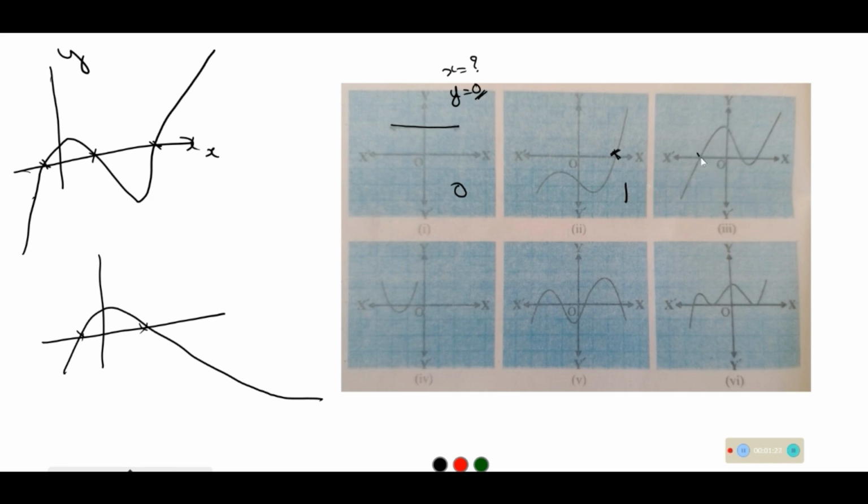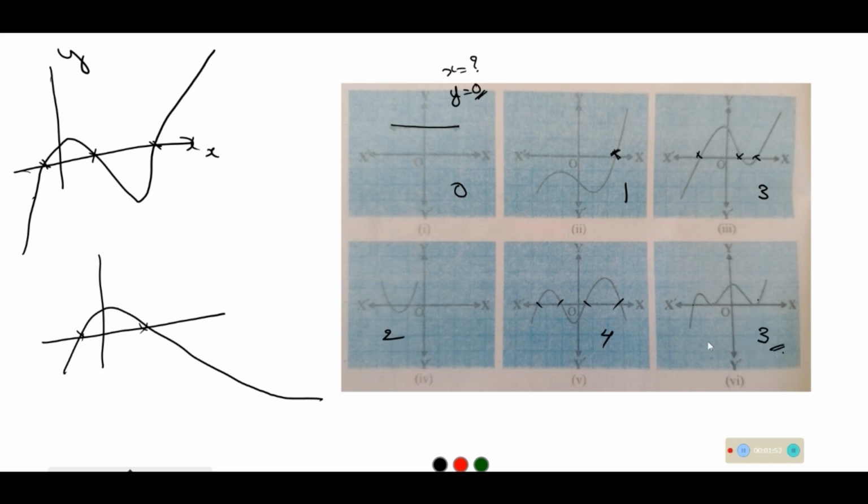Here it is touching at 3 places, so it has 3 roots. Similarly, this is touching at 2 locations, so it has 2 roots. This one: 1, 2, 3, 4, it has 4 roots. Okay, this one, how many is it touching? 1, 2, 3. So it has 3 roots, right?